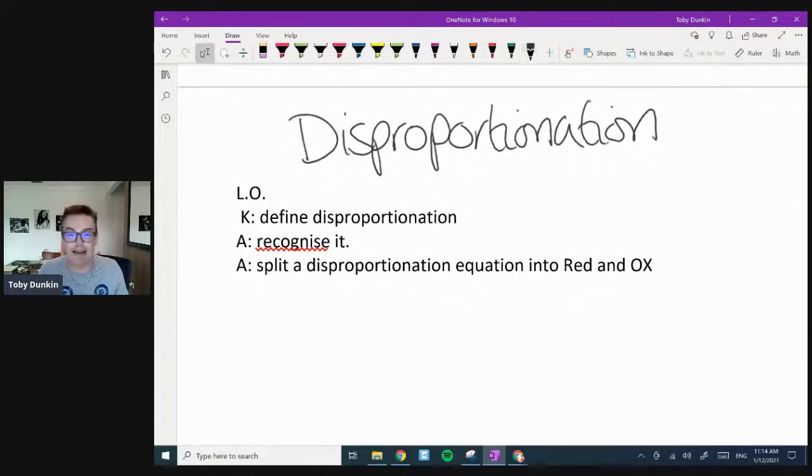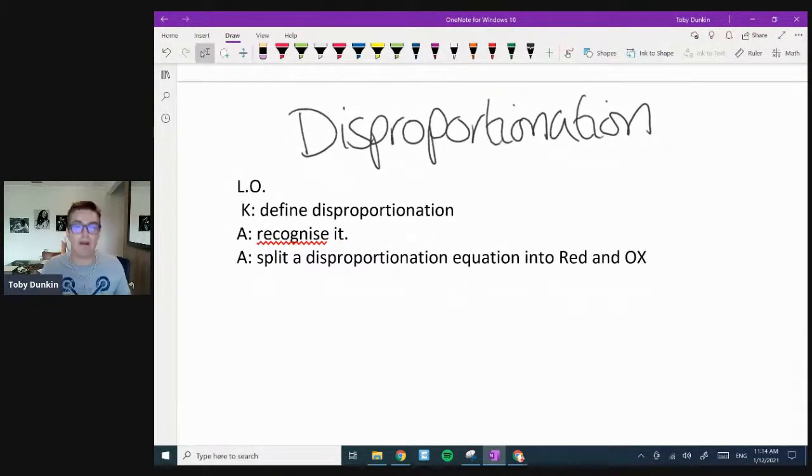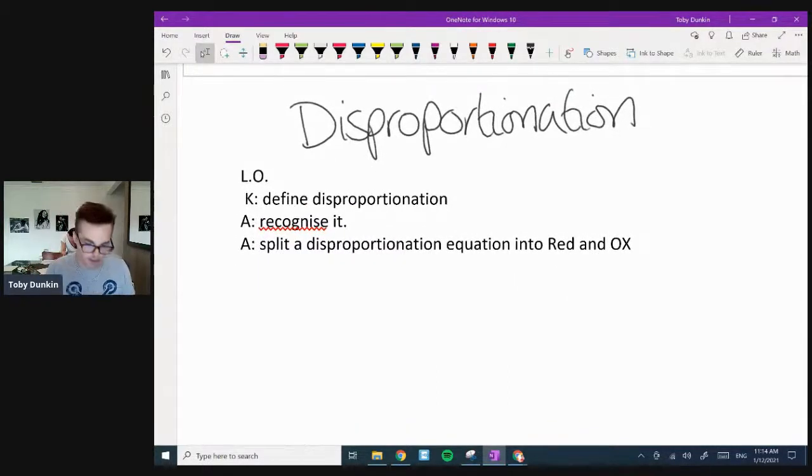So first of all, we need to define it. We've been talking about redox in terms of oxidation and reduction. So why is this one so special? Definition.